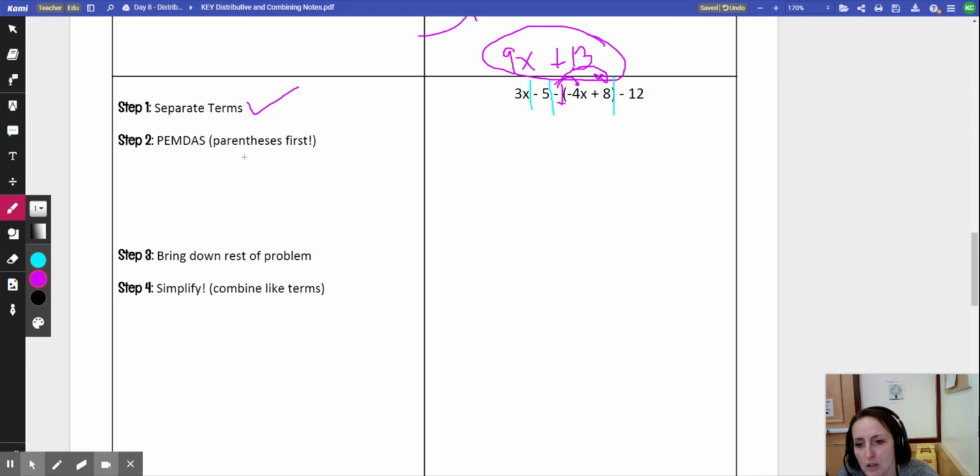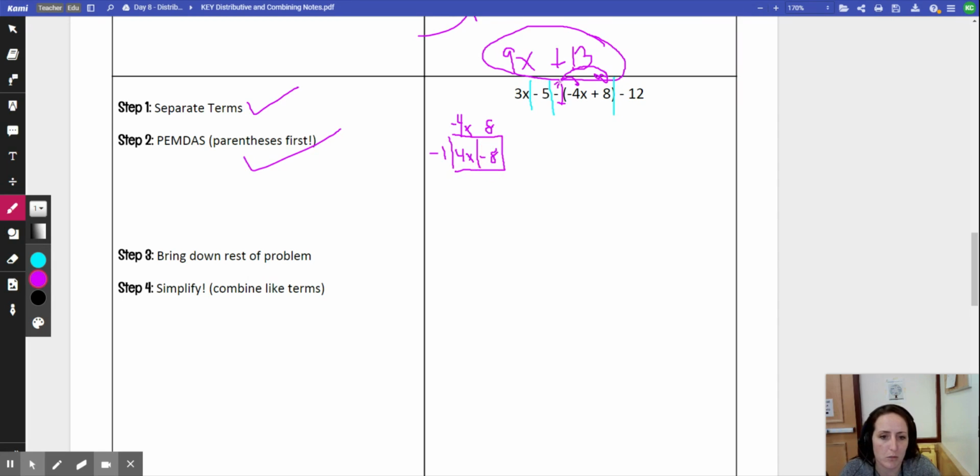So we've separated our terms. We're going to distribute to both pieces inside. So I have negative 1. I'm going to do it off to the side, actually, so that we can bring everything down. Negative 1, then we've got negative 4x and a positive 8. Negative 1 times negative 4 is a positive 4x. Negative 1 times 8 is a negative 8.